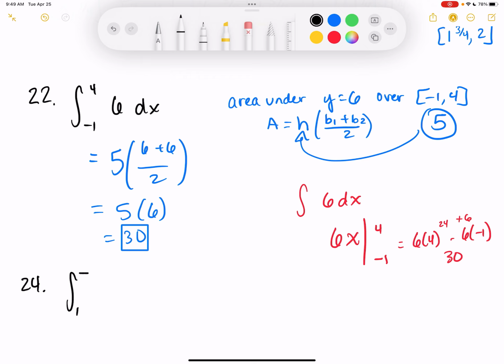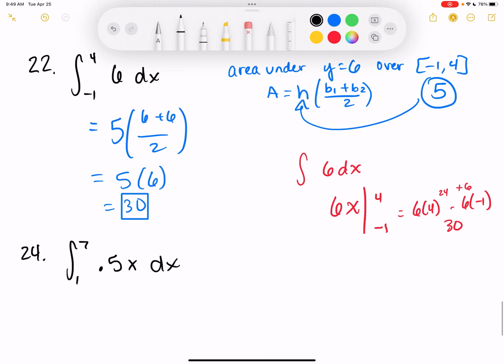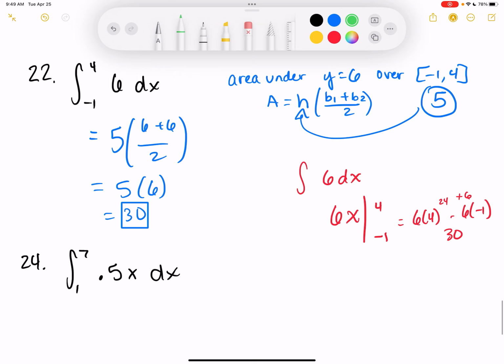The integral from 1 to 7 of 0.5x dx. So this is the area under 0.5x over the interval 1 to 7. So what is my height? 6. Okay, so height is 6. So then we would have 6 times, we plug in 0.5 times 7, and you can give me the decimal.